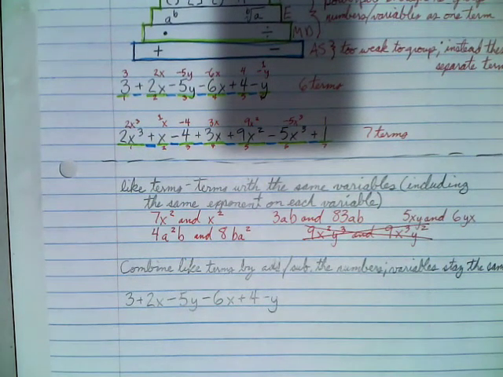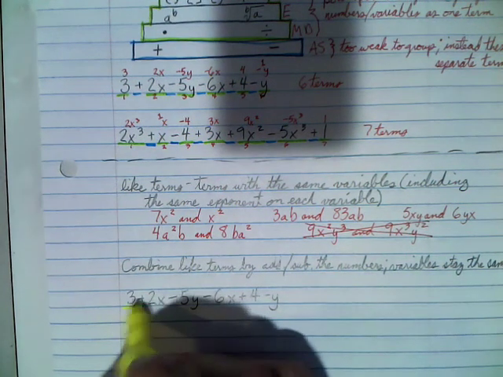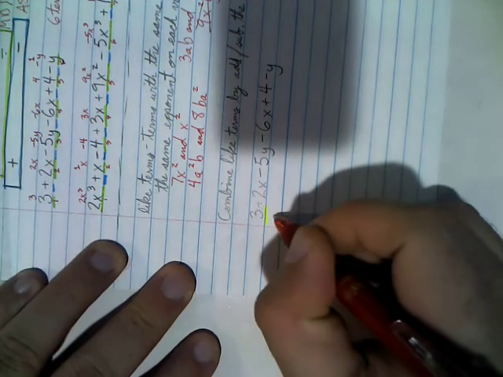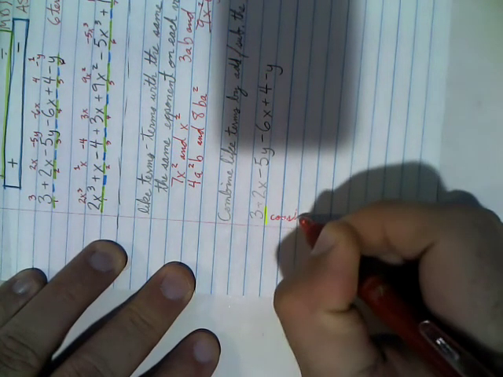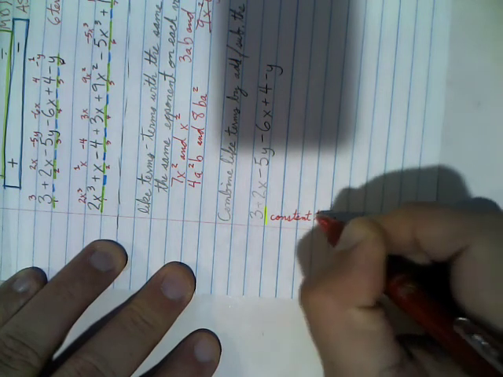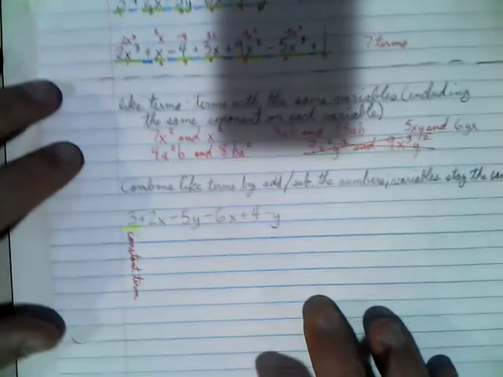First of all, I'm going to grab my yellow. I'm going to turn my paper sideways. Since this has no variables on it, this is what we would call a constant term. Constant term.